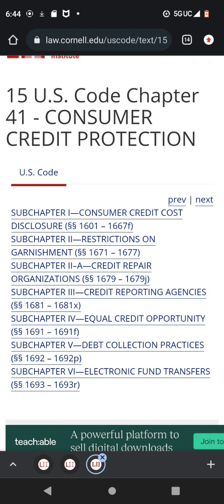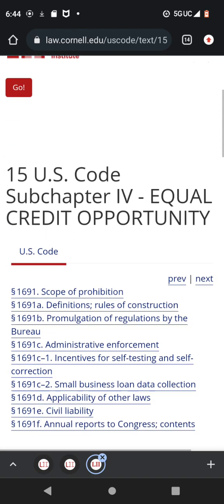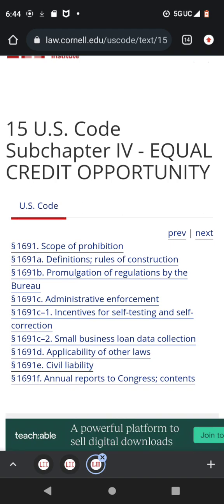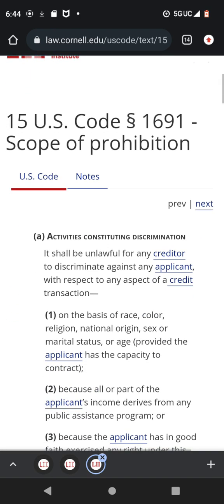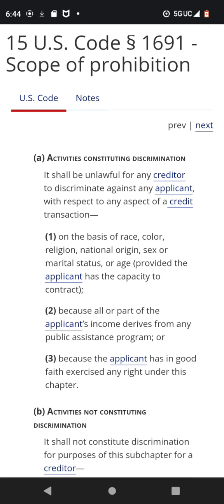So you know those for your credit report. Consumer credit costs, truth in lending, equal credit opportunity, and electronic funds. Let's check this out. Here we're gonna go here. So you definitely want to go and let's find out the T on it, okay?